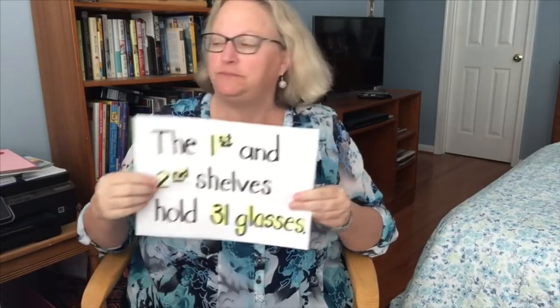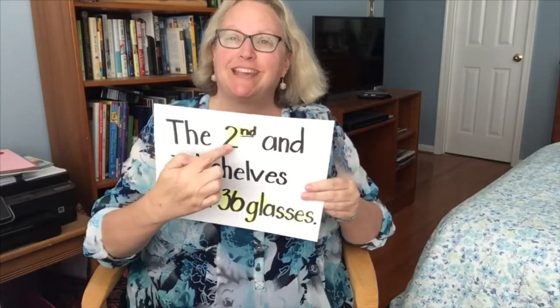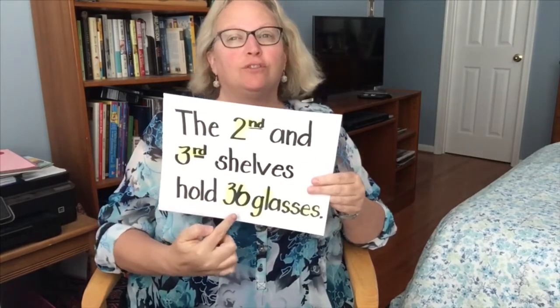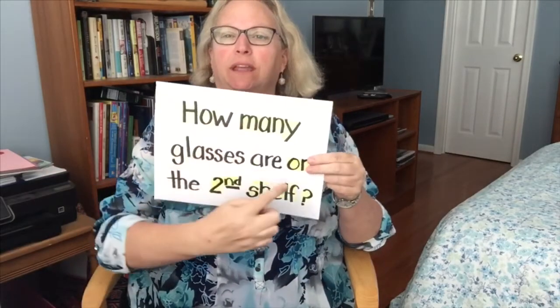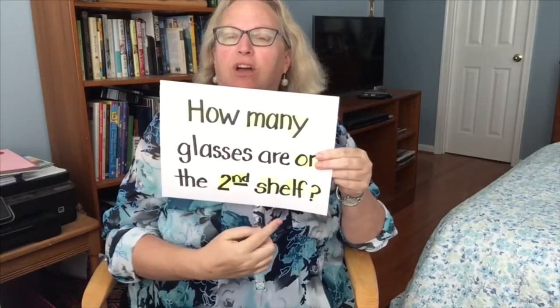Next, I highlighted that the first and second shelves had a total of 31 glasses, and that the second and third shelves had a total of 36 glasses. I also made sure to highlight what I thought the question was asking me. In this case, how many on the second shelf?